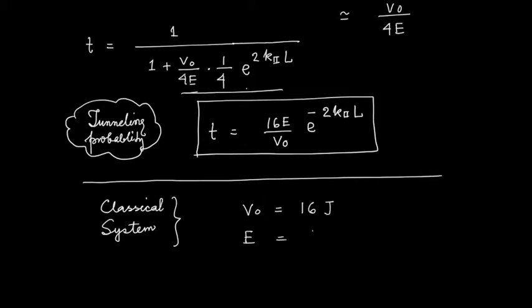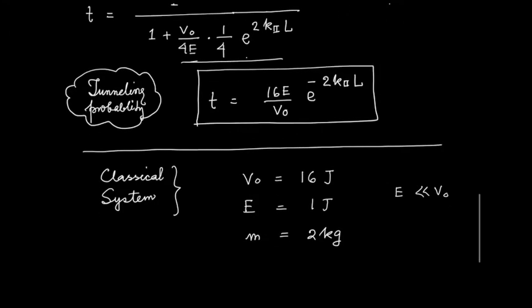E is say 1 joule, and we can take the approximation E much less than V0, which is the approximation we have just taken. Say we have a ball with a mass of 2 kg, and my wall has a width of 1 meter.